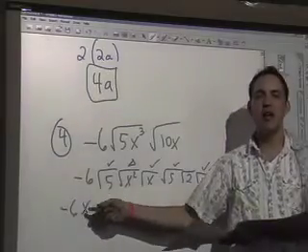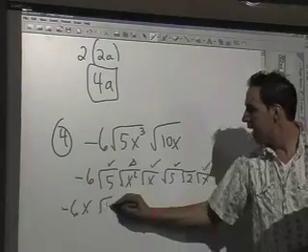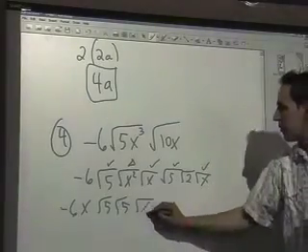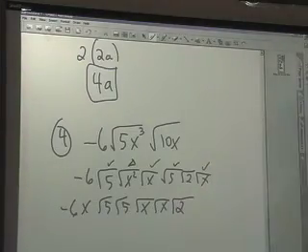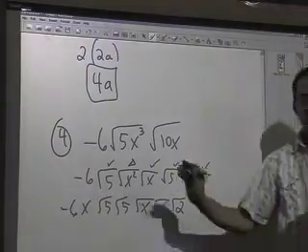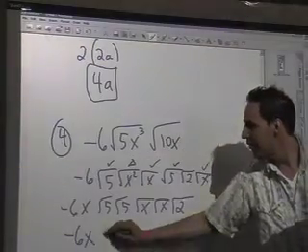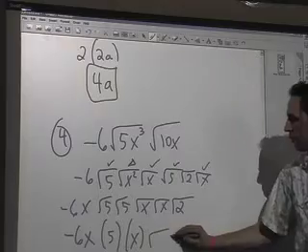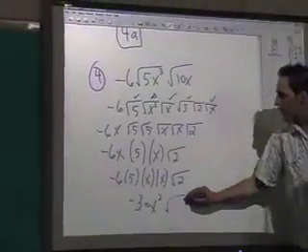Why? Because anything that's not in a radical sign anymore, I put on the left. We've got root 5 times root 5. We've got root x times root x. And we have poor, lonely root 2, who's going to get stuck inside the radical house forever and ever, or at least till the end of this problem, okay? Negative 6x times 5, times root 2, just put negative 30x root 2.